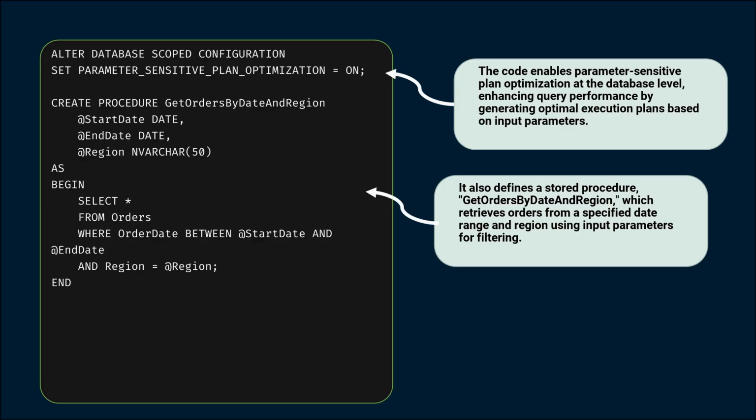Within the body of the procedure, we run a select statement to pull data from the orders table, filtering according to the parameters we provided. This method allows SQL Server to generate and cache execution plans that are tailored to the changing values of the @region parameter, really optimizing the query's performance for different regions. Through this approach, the flexibility and power of PSP optimization become evident in practice.